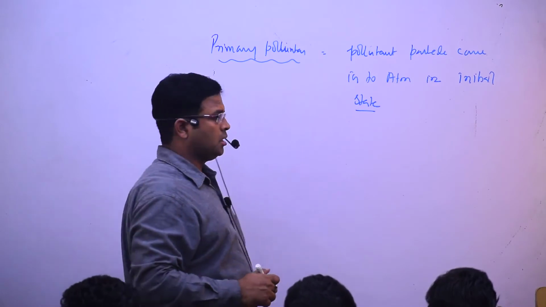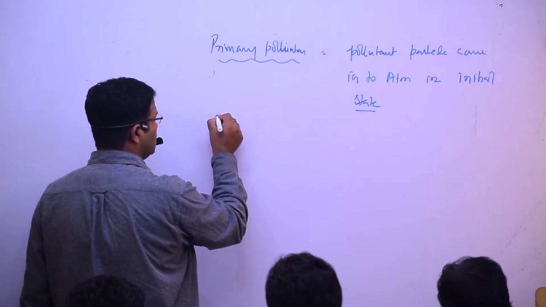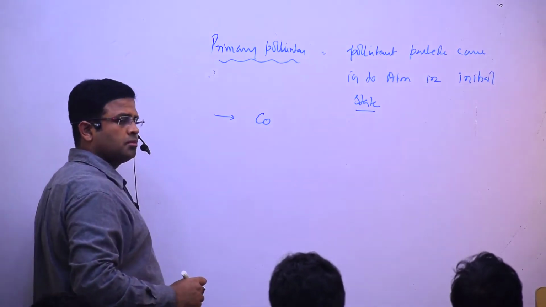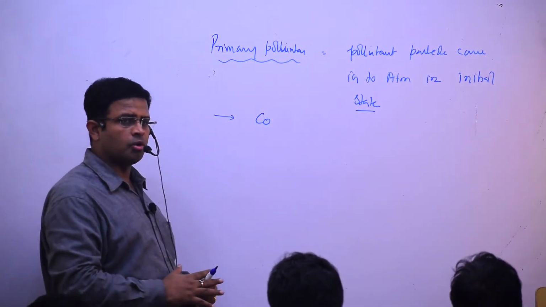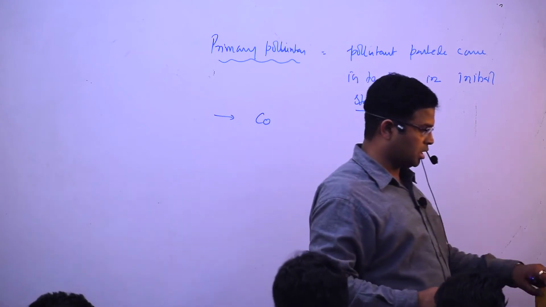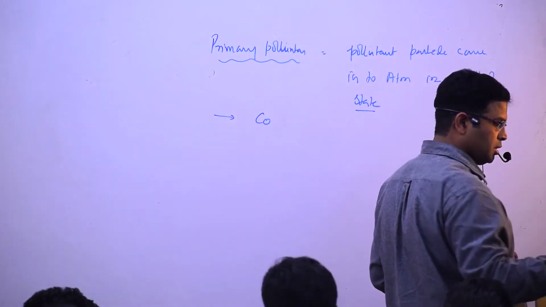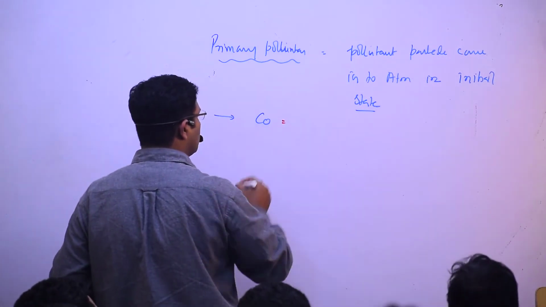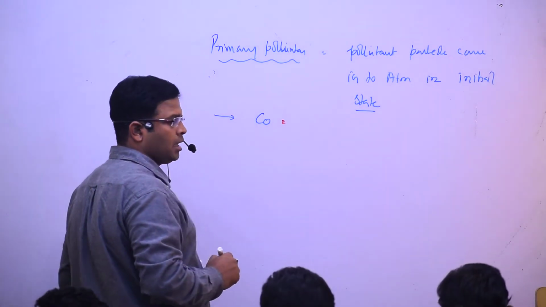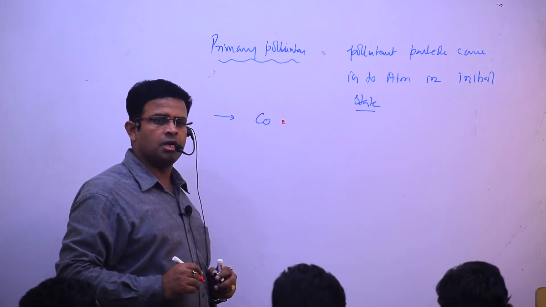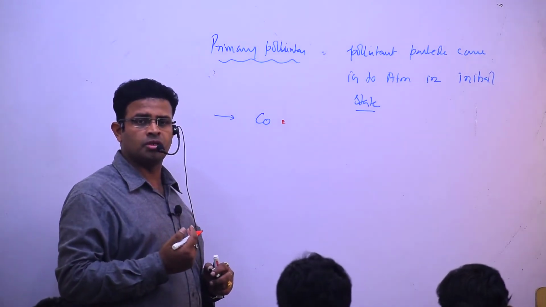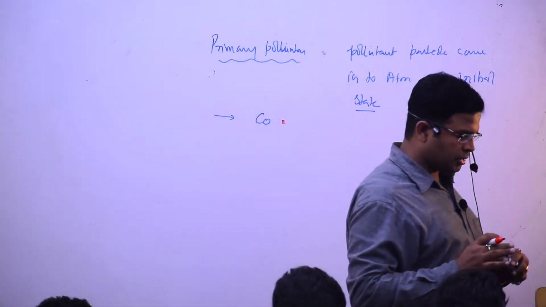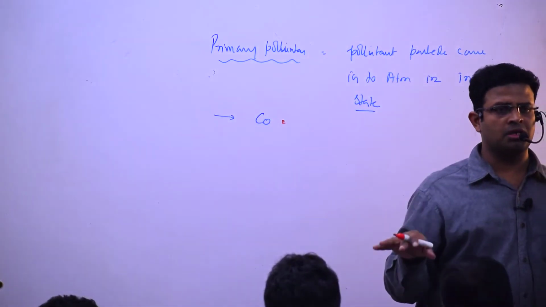So when you are burning fossil fuels, what comes out? Carbon monoxide. And carbon monoxide, you know, is oxygen philia. It has a great love for oxygen. At home, you must have seen gas chulhas.